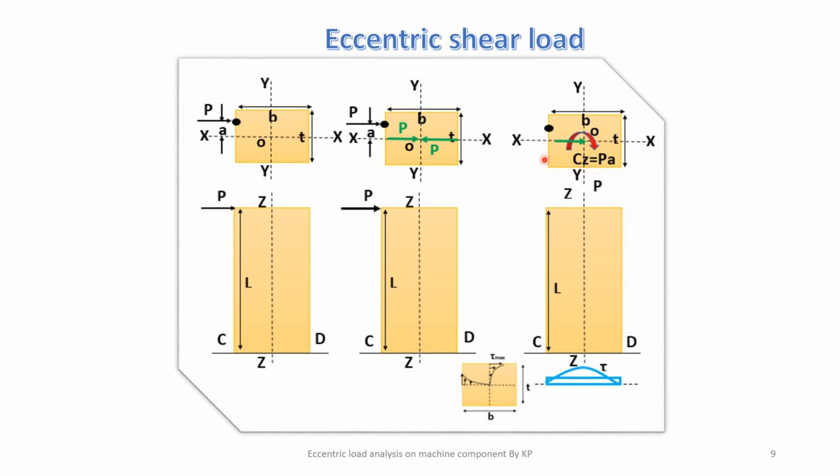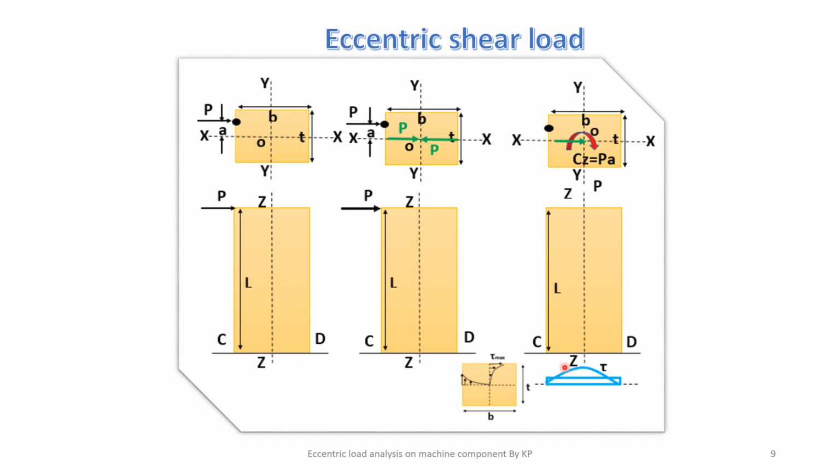This couple will apply a twisting action inside the bar, and because the bar has a rectangular cross section, we have to consider the torsion effect of a rectangular bar under torsion, whose value is P into A. Because of this direct shear load, direct shear stress is produced if we take the average value, and again this value is very small, so we can neglect it.